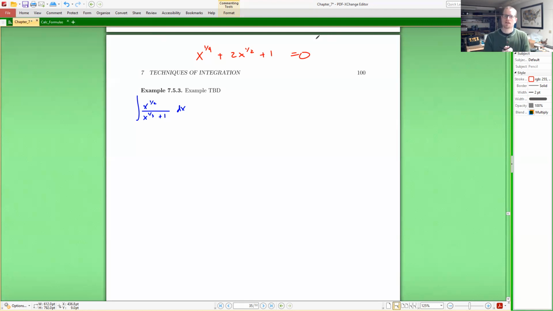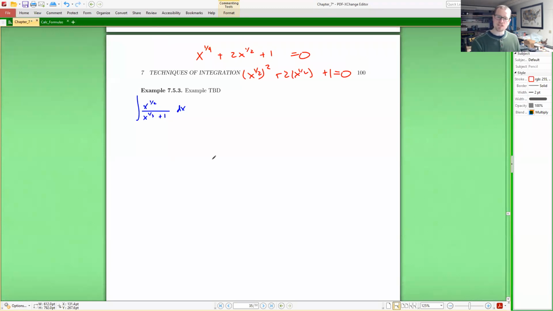Well, what you would have to observe is that this is x to the 1/4 being squared plus 2 times x to the 1/2 plus 1 is equal to 0, allowing you to observe that this is a quadratic equation. So observing how these exponents can relate to one another can be very helpful.